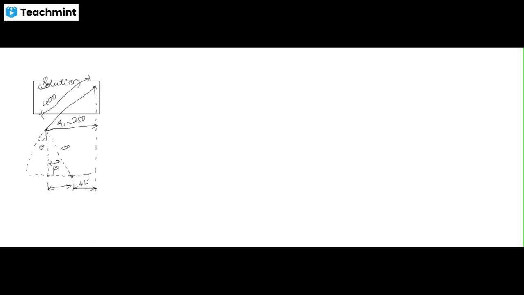From the instantaneous center point method, you can recall the notations here: the value of A and the value of H1.